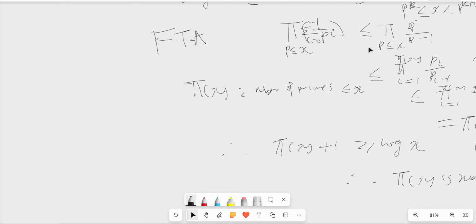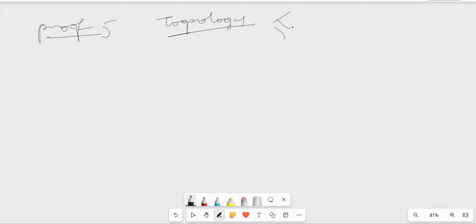Let's quickly go to proof 5 and then 6. Proof 5 uses topology, but we don't need to know any other stuff about topology, just the definition, which we will skip. We are only going to motivate the open set, closed set and induced topology.